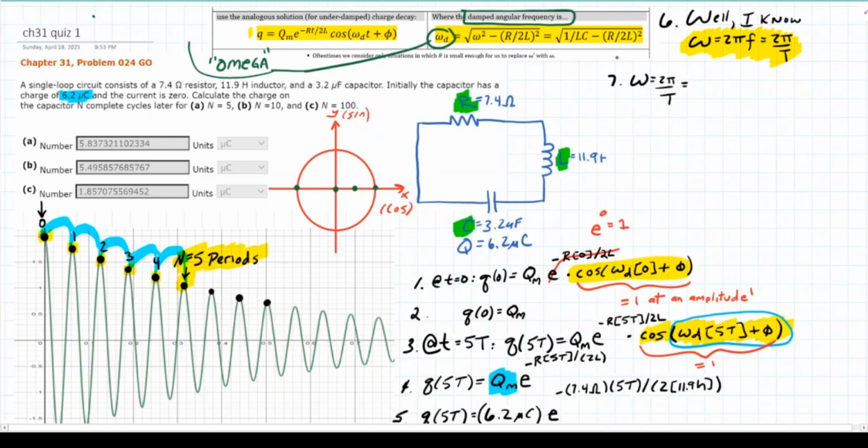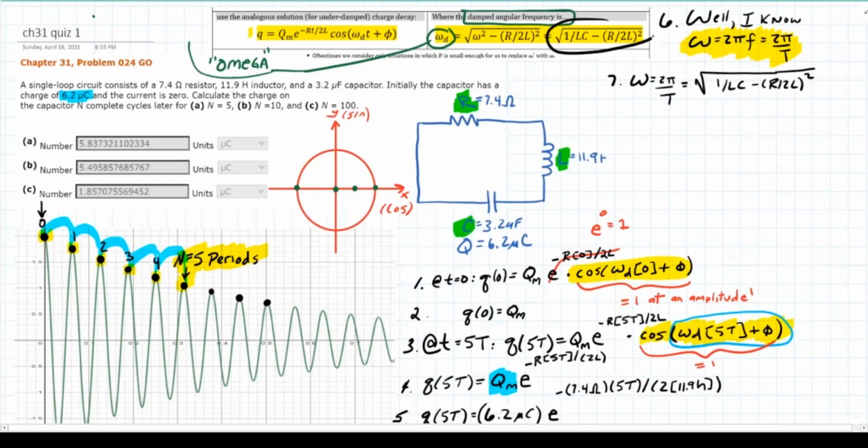And I also have the personalized version of omega, which says omega equals the square root of 1 over LC minus (R over 2L) squared. So I'm tapping into this expression.